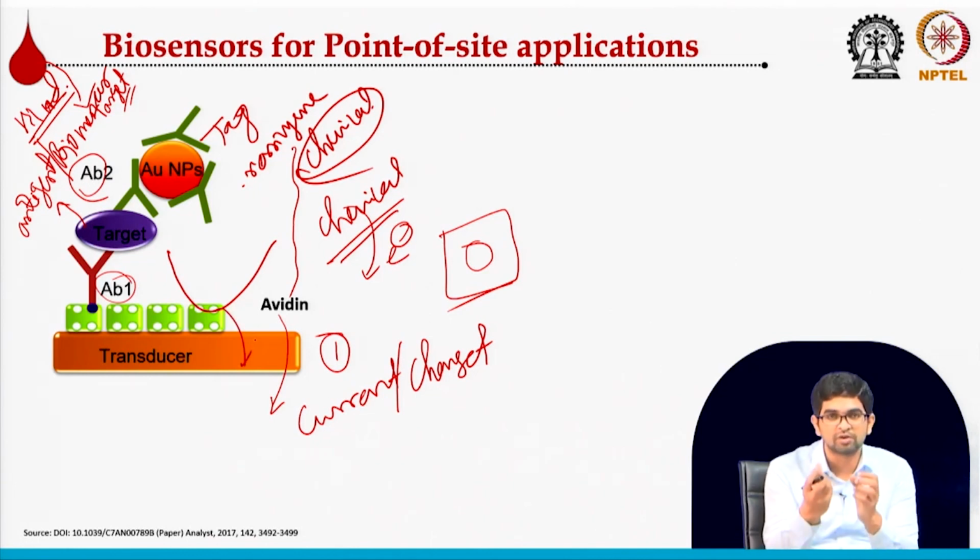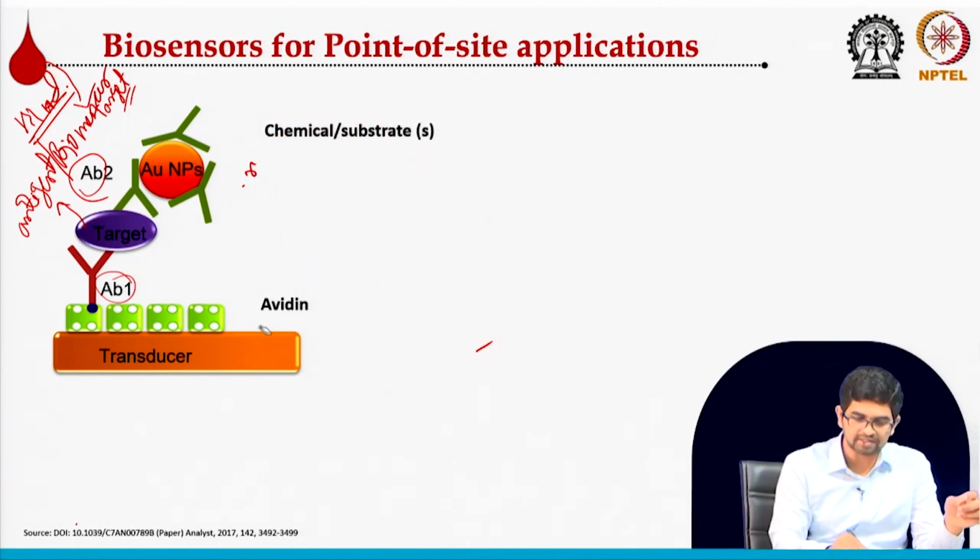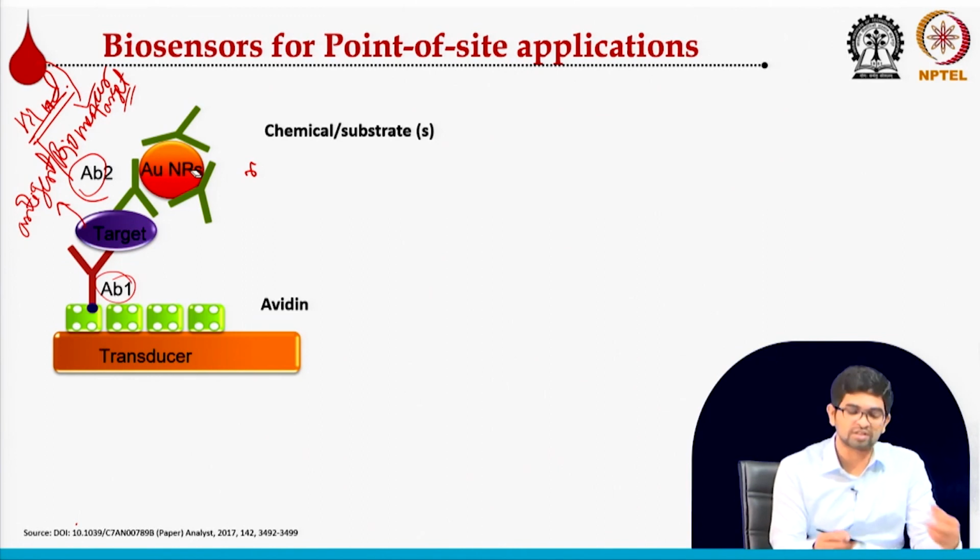That electron we can capture and measure, and based on the number of electrons transferring through the transducer surface, we can get the signal output. Let us show you. I can use some chemical, and that chemical can react with this tag, and it will form some other molecules, another substrate.